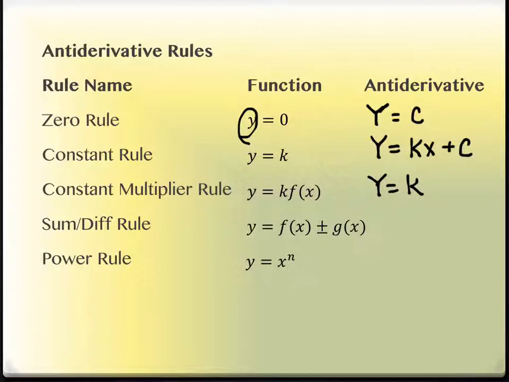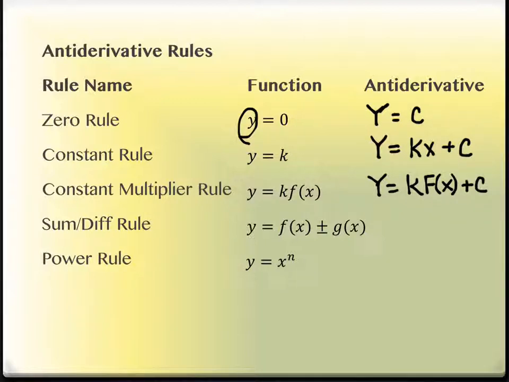So when I took the derivative of a function, f of x, I got the derivative there. If I do the antiderivative, same thing. So it's capital F of x. So I just do the antiderivative of the variable part. That's what that's saying. And then what do I need? Plus c.